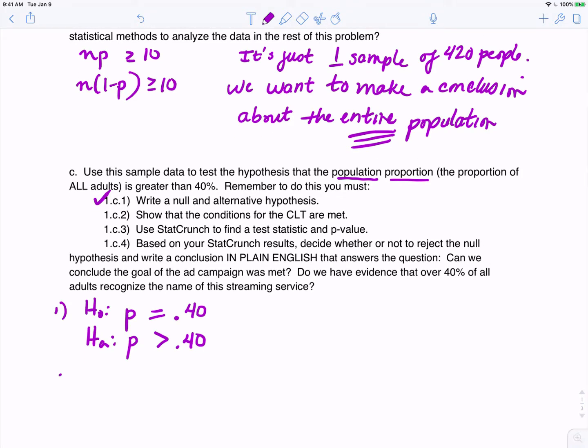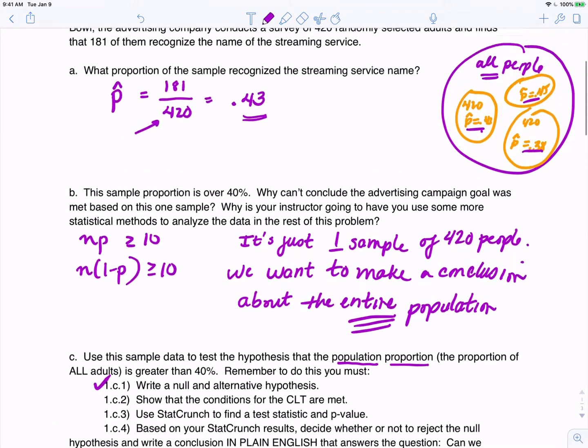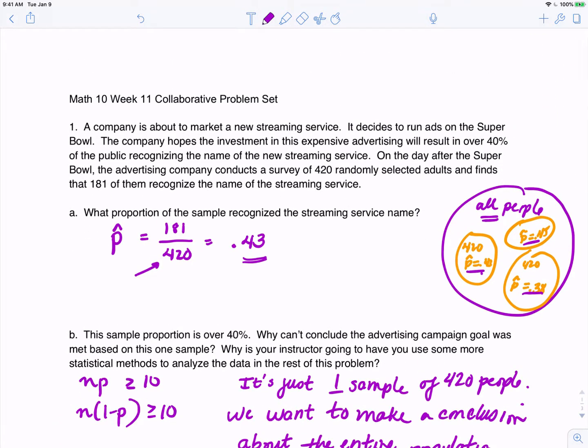Step number 2, we have to show that the conditions for the central limit theorem are met. In other words, n times p. Now n is your sample size, and in this problem, we're told that n was 420.